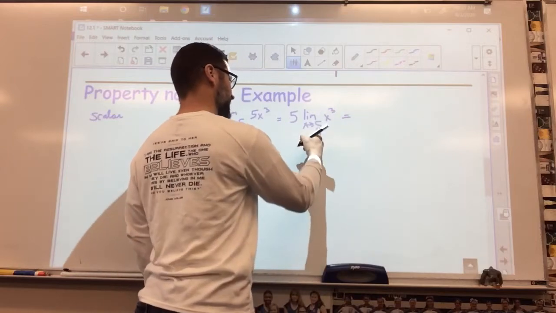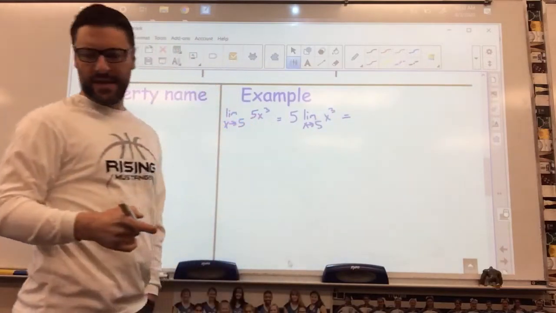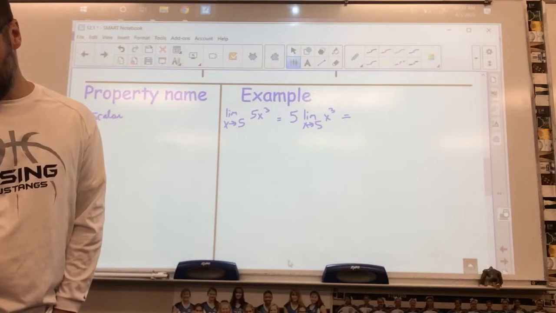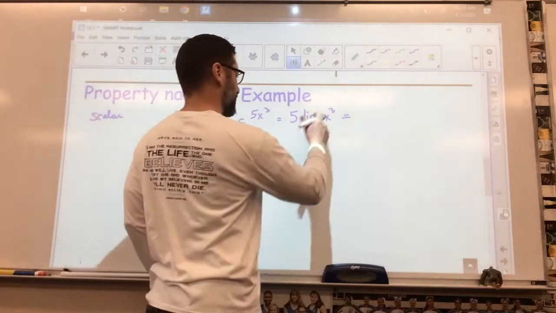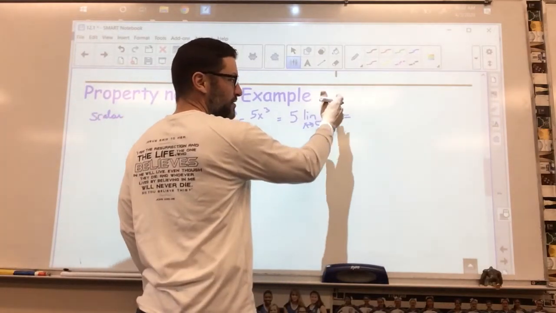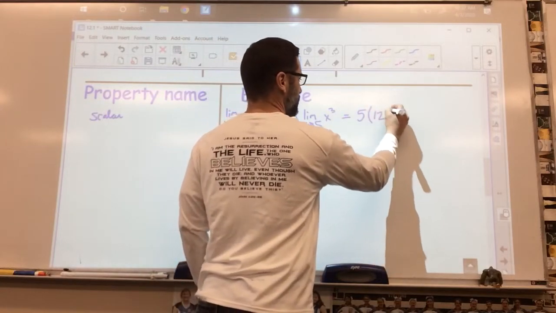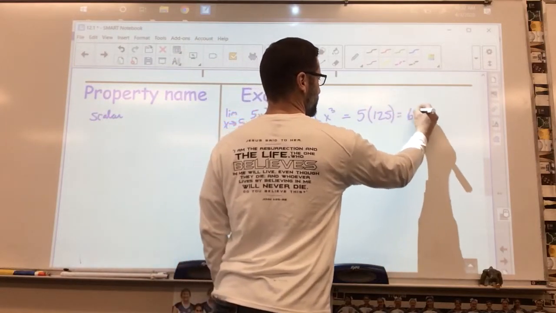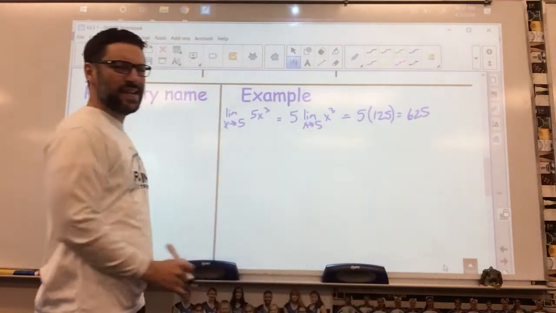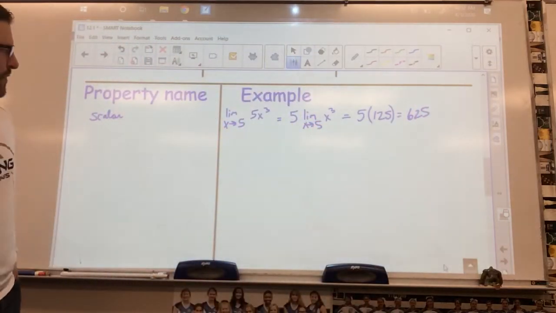I plug the 5 in, and 5 cubed is 125, so I'd take 5 times 125, which is 625. You can pull a scalar out in front if you need to.